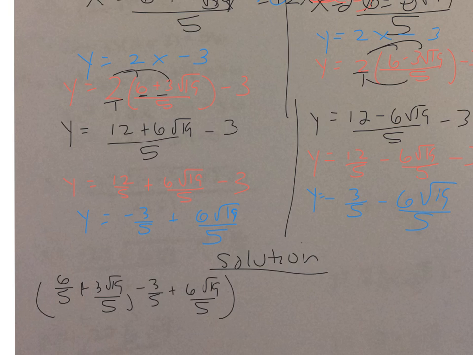That's one solution. And the other solution is 6/5 minus 3 the square root of 19 over 5, comma, negative 3/5 minus 6 the square root of 19 over 5.